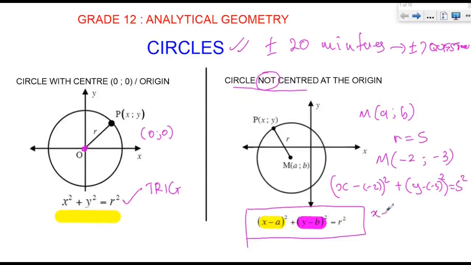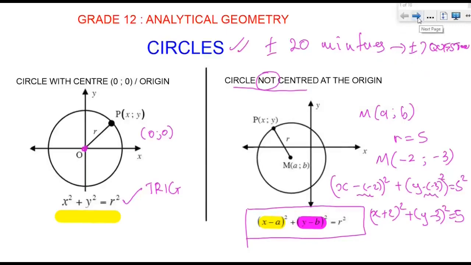So in this case, it will be x plus 2 all squared and y minus 3 all squared. Please make a note of that. Watch the negatives again. In analytic geometry, the negative coordinate seems to be a problem for many candidates and learners.